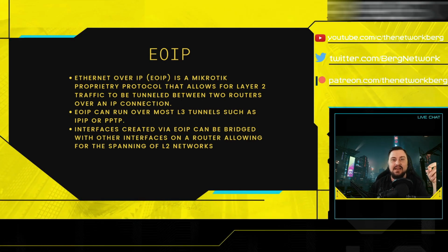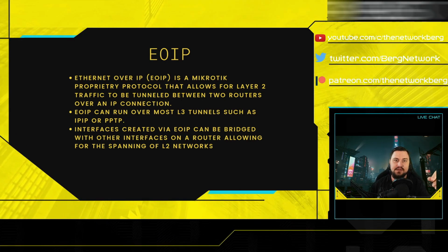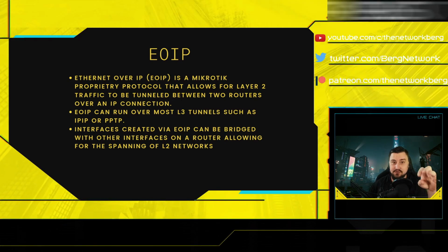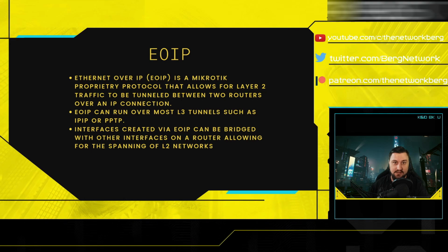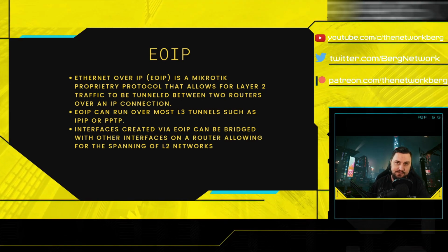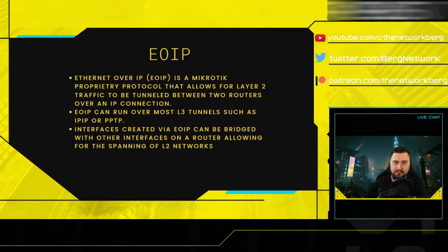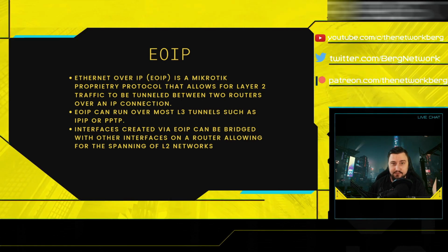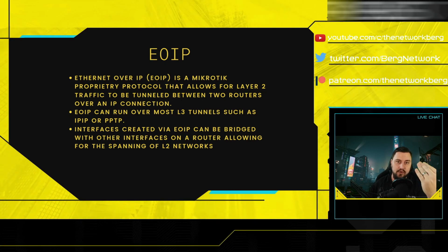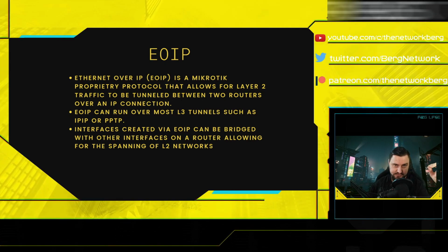Obviously, this is the nice thing about EOIP: you could create an EOIP tunnel between two routers. And this is amazing in a disaster recovery world, or a world where you need to span the layer 2 between two sites. So they're at two physically different locations, but you need them to be able to work in the same broadcast domain. EOIP allows you to do that.